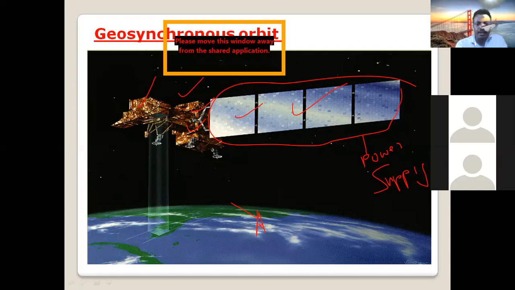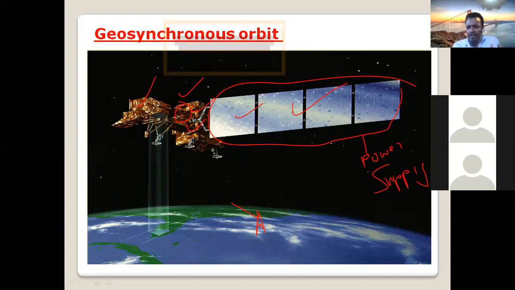There is also telemetry control. The speed of this satellite is controlled from the ground, right? How are we going to control it? There is a system here which is used for control and telemetry. So all these additional supporting devices, we classify as bus. Okay.